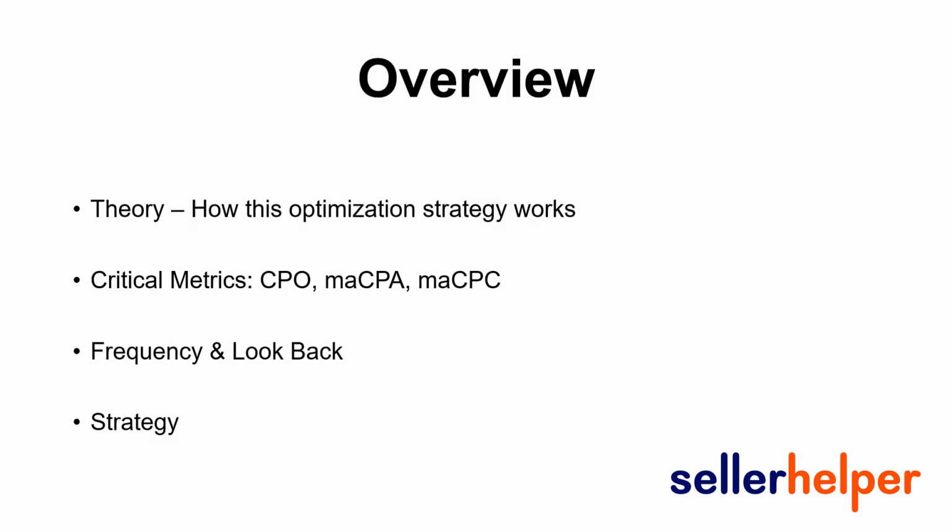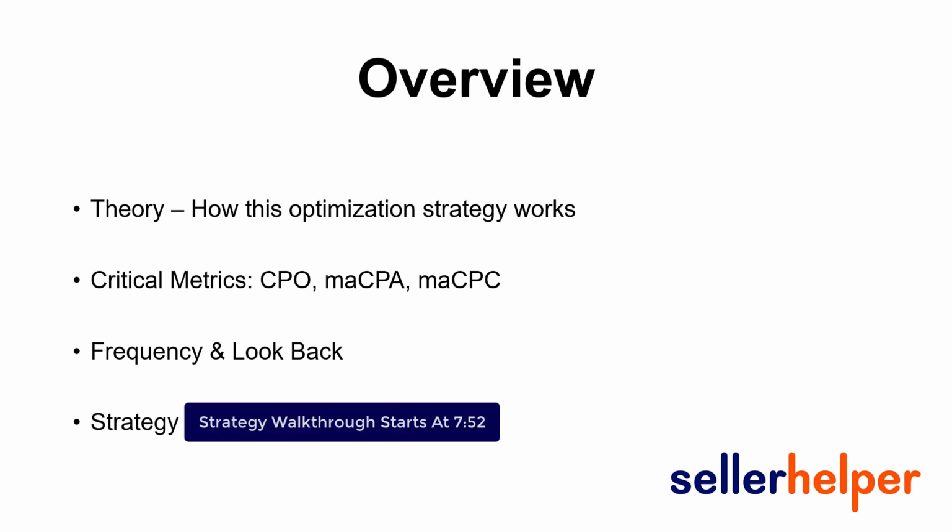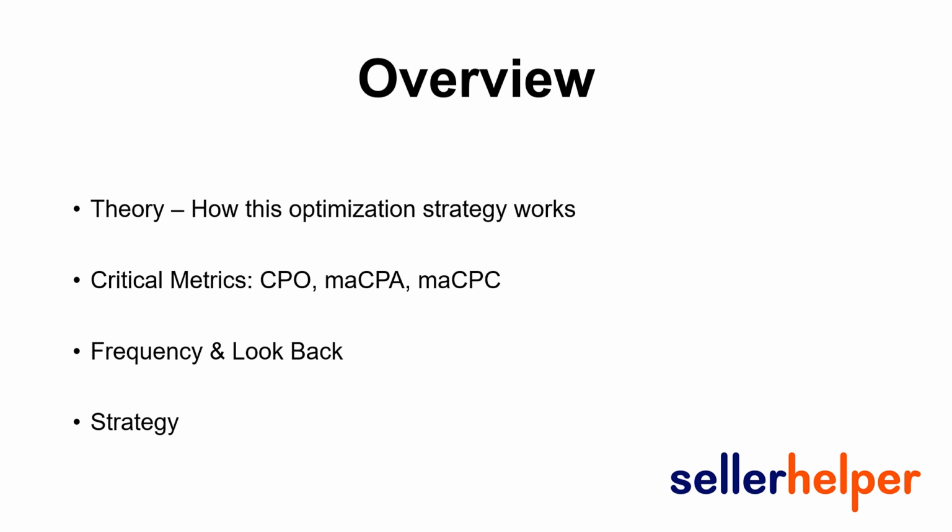So here's just a basic breakout of how I'm going to move through the topics here. First, I just want to explain some theory behind this strategy so you understand how it's supposed to work and what improvement you would expect to see over time if you do it consistently. Then I want to cover some critical metrics, some things that you probably don't use yet, and if you do, that's great, but I just want to show you exactly what metrics are going to be useful for this strategy and things to keep in mind.